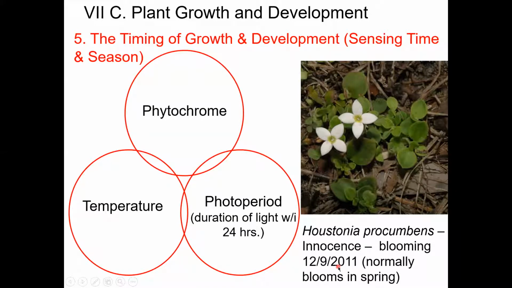I just went into SERNEC and did a quick look at this plant and all the plants that have ever been vouchered and collected in that herbarium database, and hardly any of them in the older years bloomed as early as what's going on here. Well, again, the environment is changing, and that has a lot to do with how the genes respond to it.